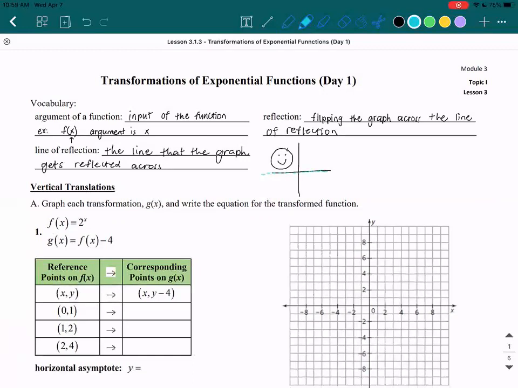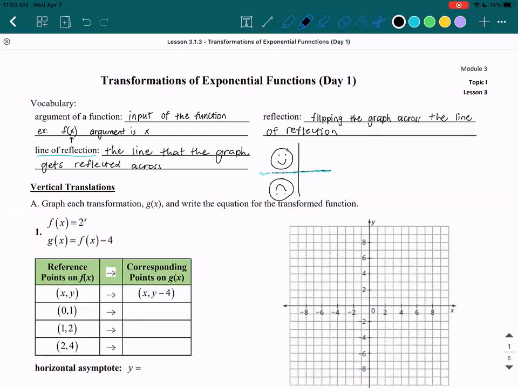So I'm making the x-axis my line of reflection. So this line of reflection is the blue line, the dotted blue line. So once I reflect this picture, it will look something like this. Obviously, I'm not drawing it that well, but that is my reflected happy face. So this is a picture of a reflection, and the line of reflection is that blue line. So it's essentially the mirror. The line of reflection is the mirror in this situation.